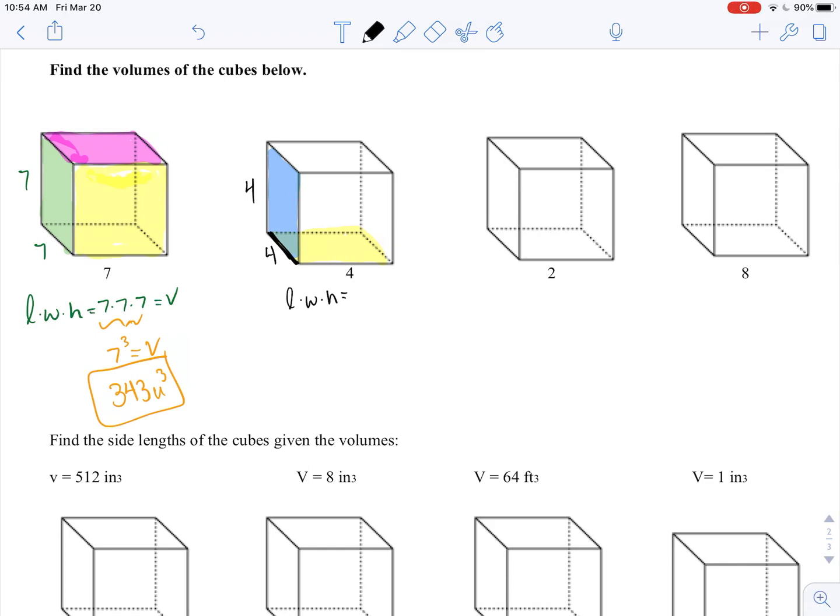So what's my length times width times height? It's got to equal 4 times 4 times 4. Or the volume, that length times width times height, is 4 cubed, which is 64. So the volume is 64 cubic units.